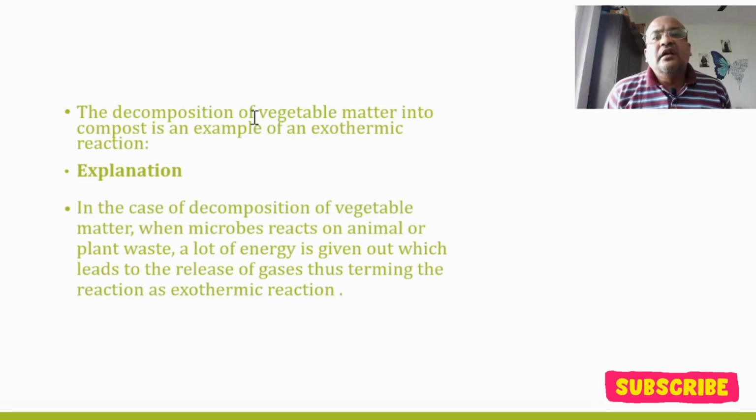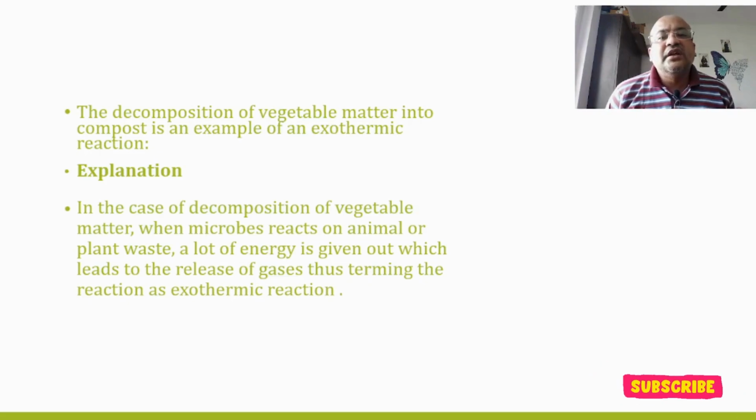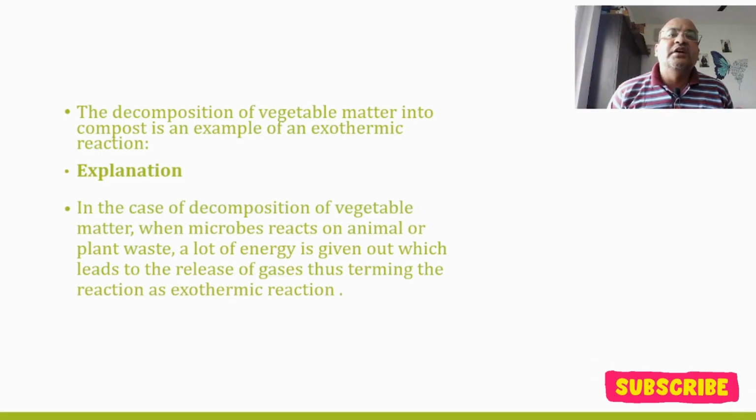Now let's see the vegetable matter which decomposes. We are going to see a reaction called decomposition. Let us take an example only for exothermic reaction in this case. The decomposition of vegetable matter into compost is an example of exothermic reaction. Let's try to understand what it's all about.